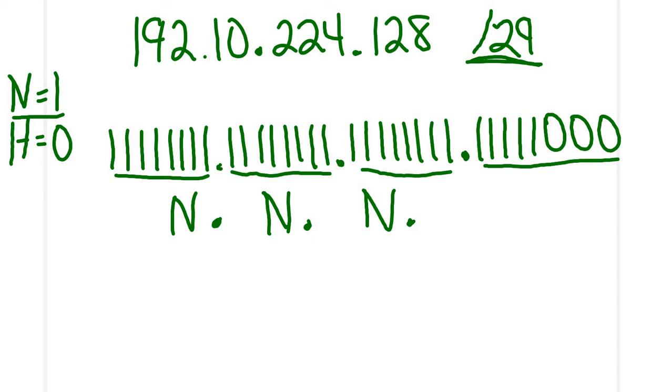I'm going to put an n for every bit that is a 1, and I've got 5 of them, so I'm going to draw 5 n's, and then for my host bits, I'm going to put a lowercase h.